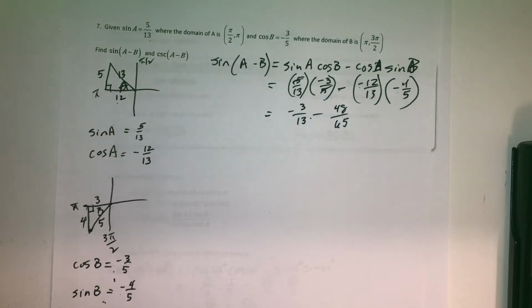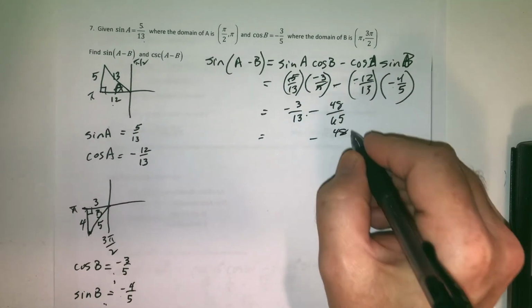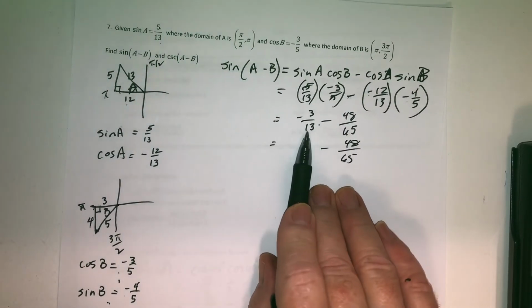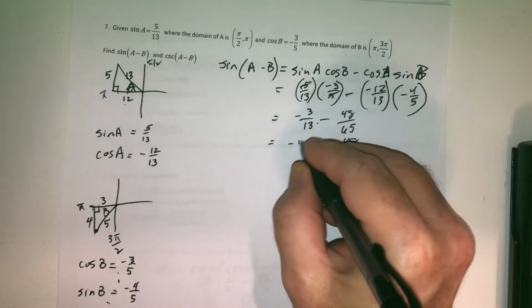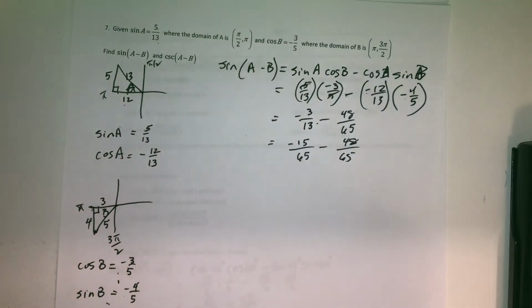And now the common denominator is 65. All right, so that second fraction is fine. We'll leave it alone for a minute. All right, we've got to multiply this by 5. If we multiply this denominator, 13, by 5, we've got to multiply the numerator by 5, which would mean negative 15 over 65 is the same thing as negative 3/13, okay?